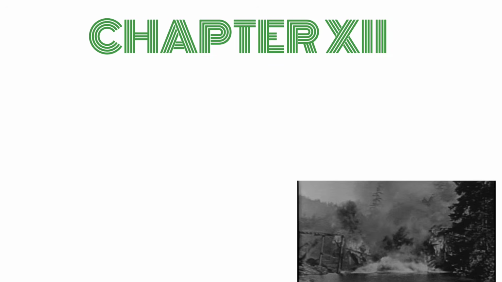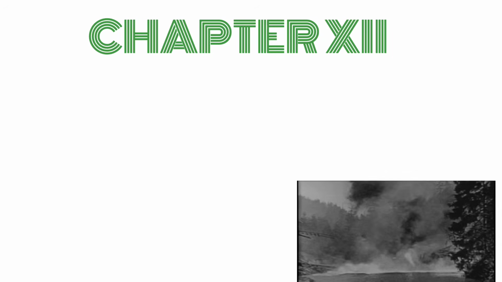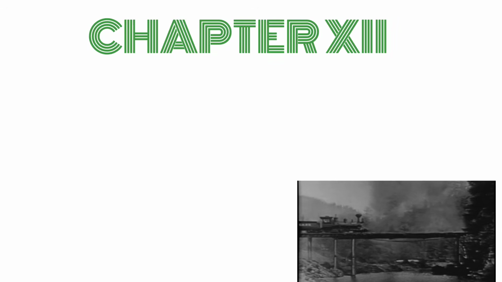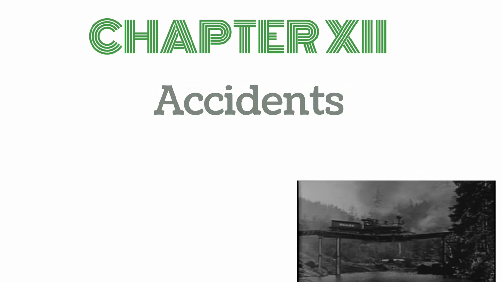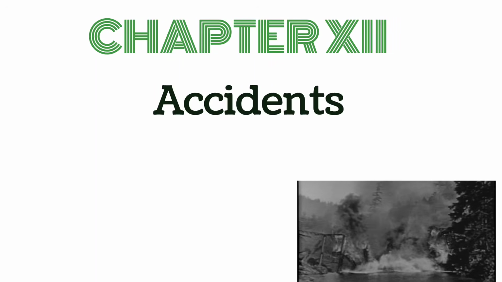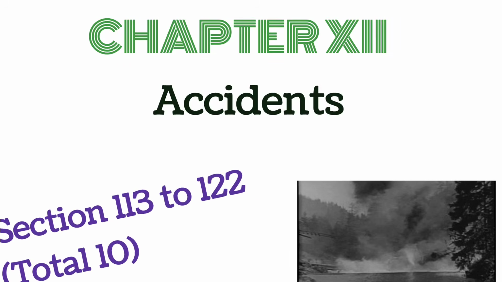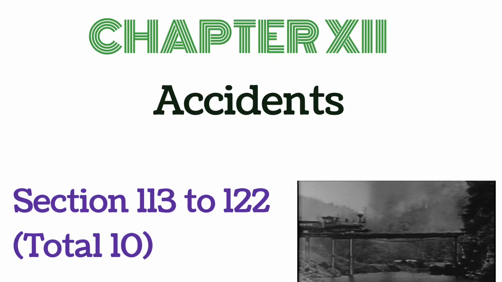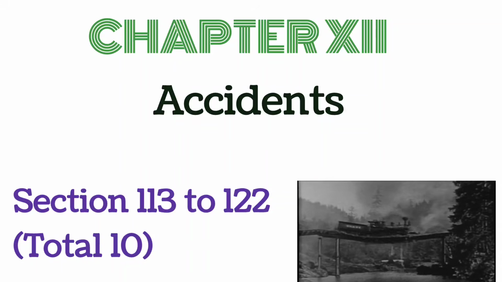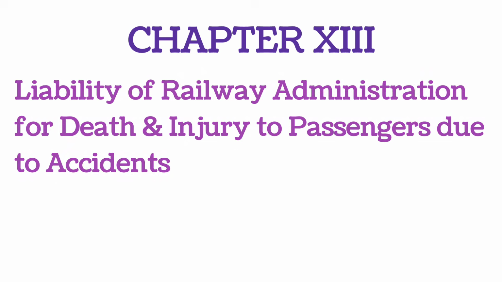Now next is chapter 12. As we can see in the animation, one train accident is happening. So chapter 12 deals with accidents, sections 113 to 122, reporting of accidents is mentioned here only.